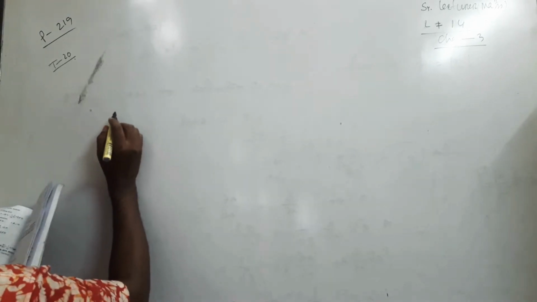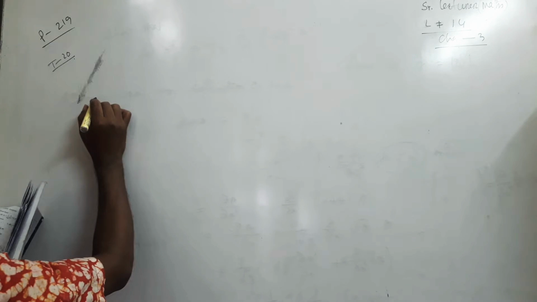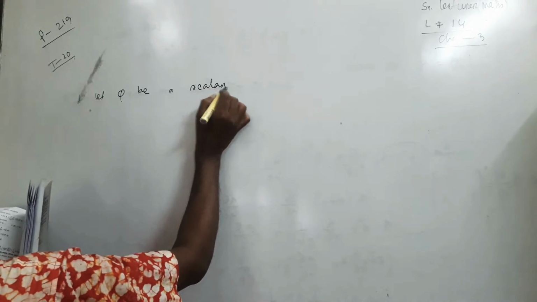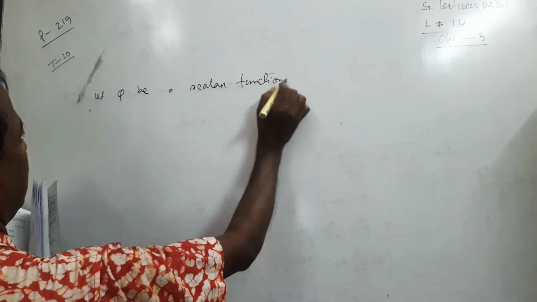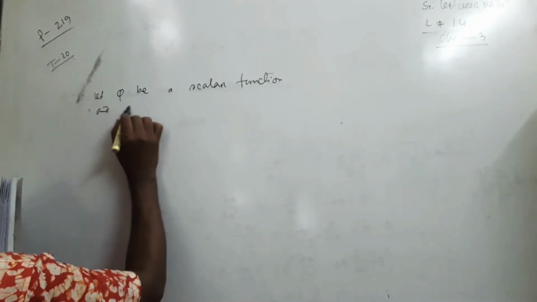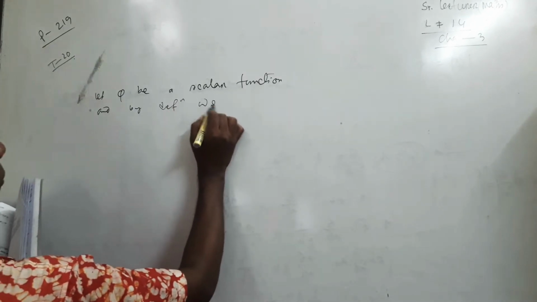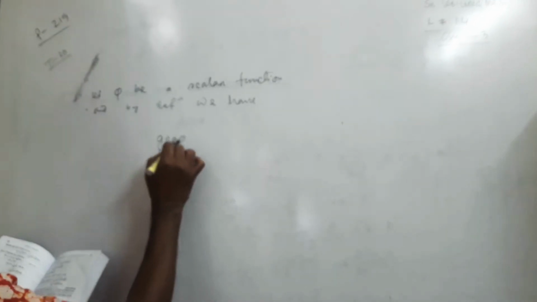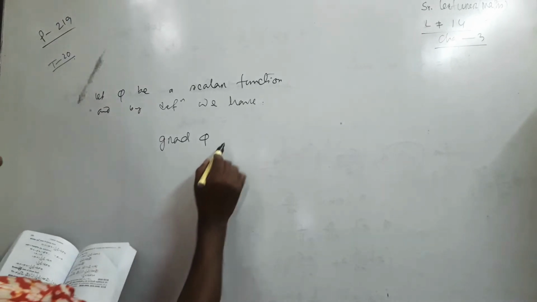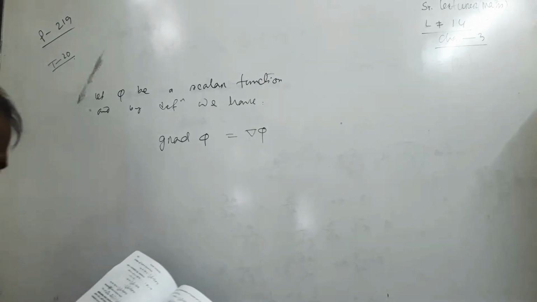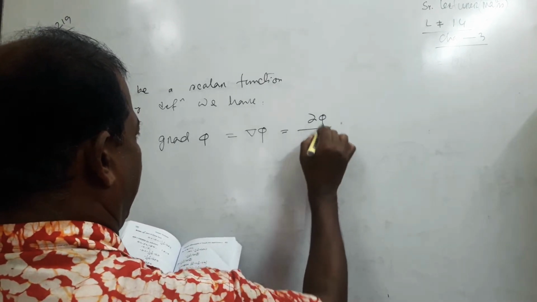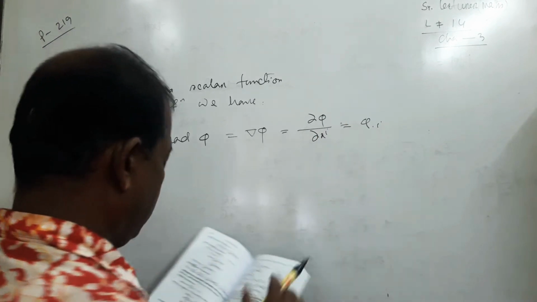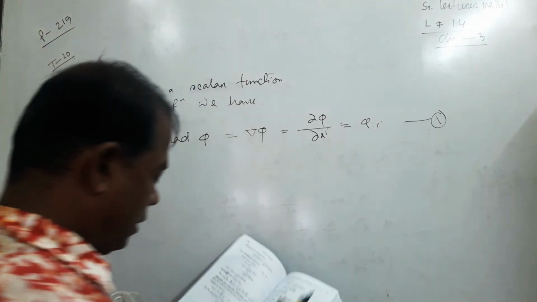So let phi be a scalar function, and by definition we have, firstly, the gradient of phi equal to del phi divided by del x^i equal to phi comma i. Okay, it's the first equation.